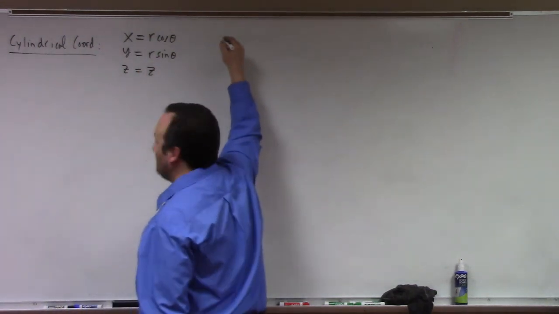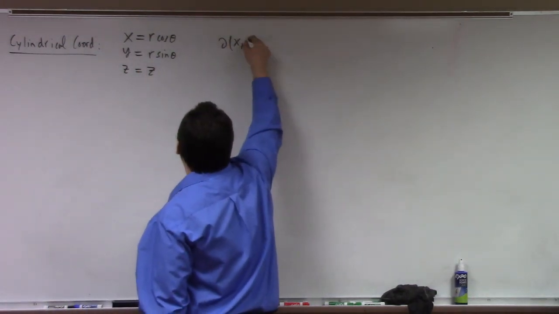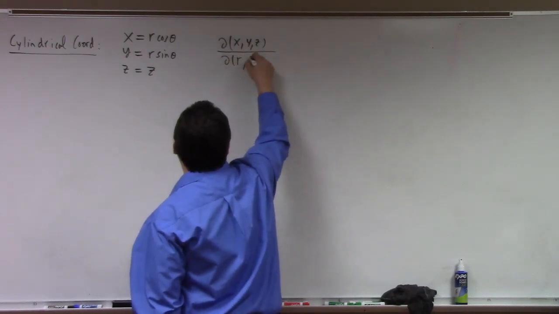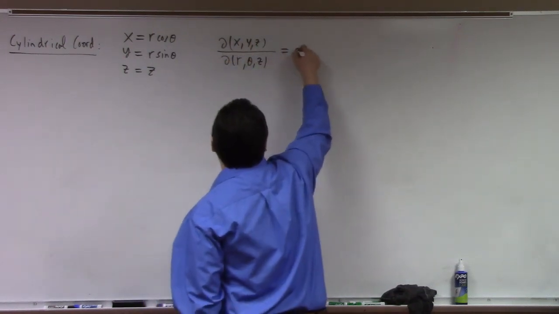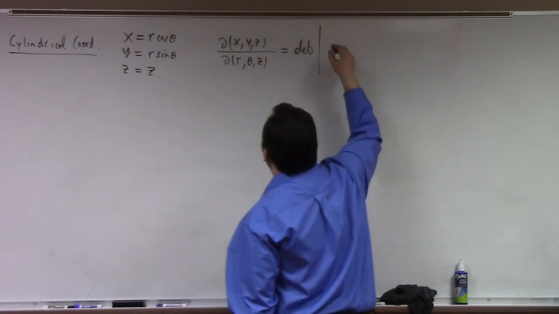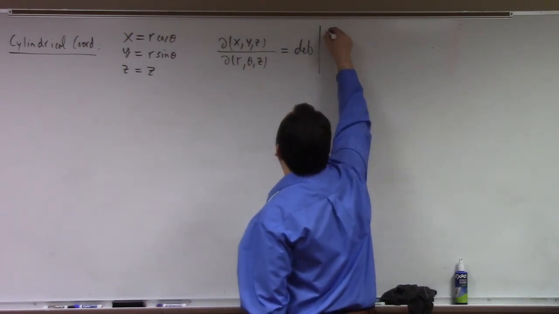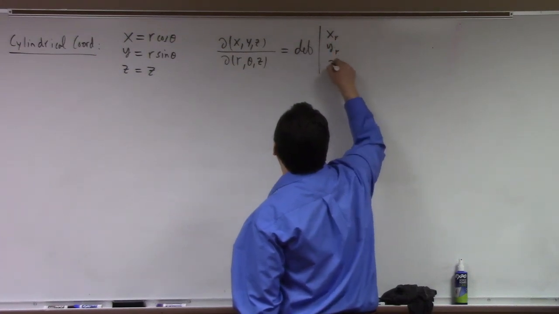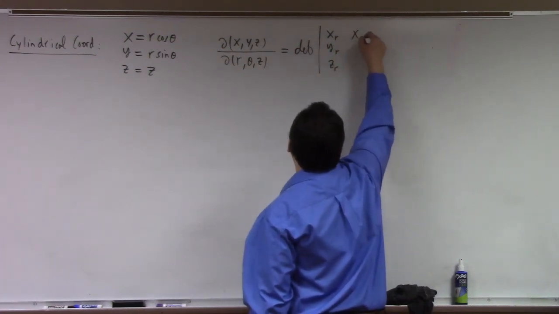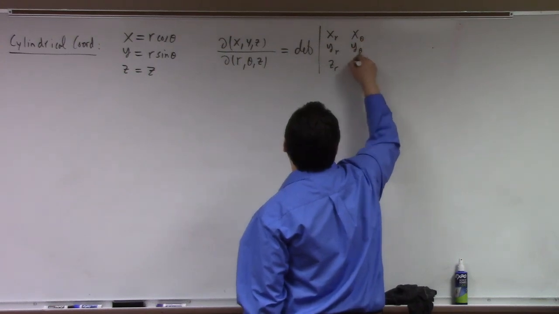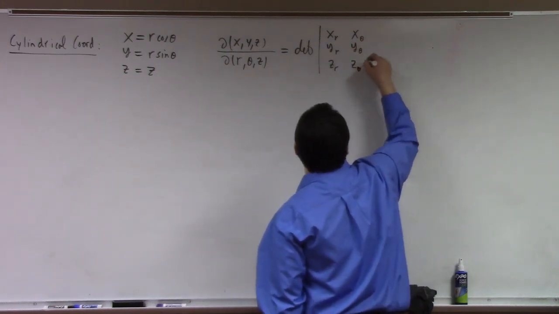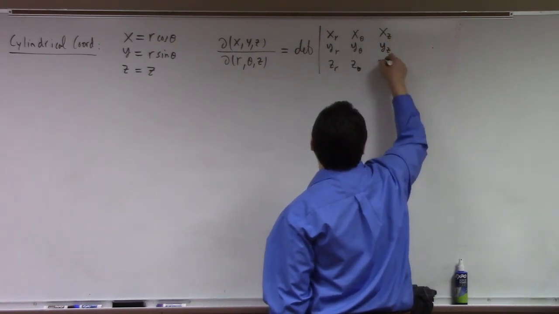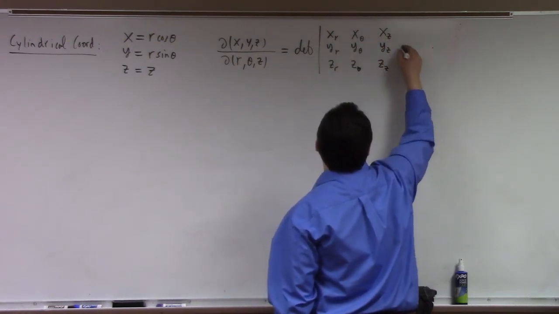Okay? So the partial of x, y, z with respect to r, theta, z, that's the determinant of, I'll write it out symbolically here for a second, x sub r, y sub r, z sub r, x sub theta, y sub theta, z sub theta, x sub z, y sub z, z sub z.